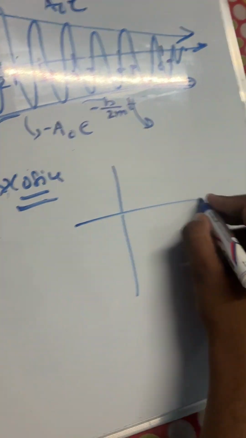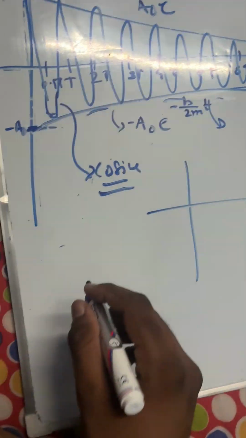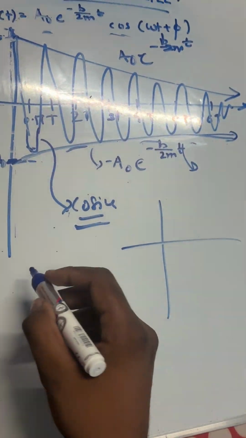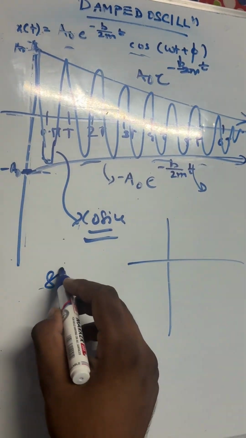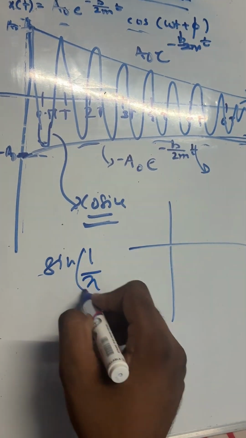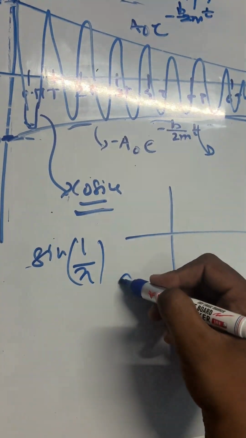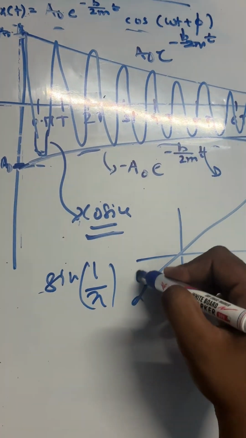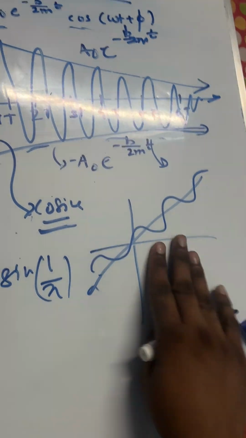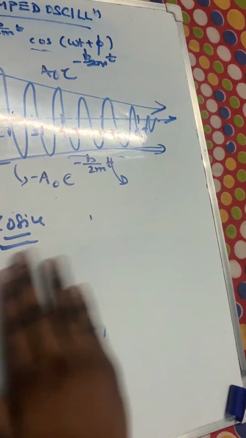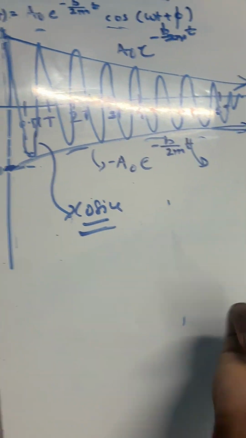It's something like what we have read, I think. Most probably you have read sine of 1 by x. You draw the y equals 1 by x graph and do the sine curve in it, right? So it's like this, the envelope.